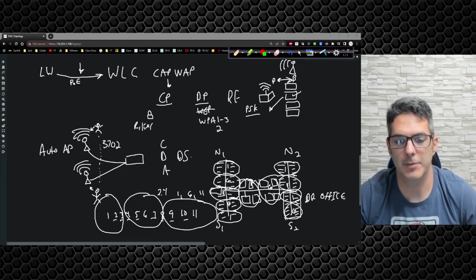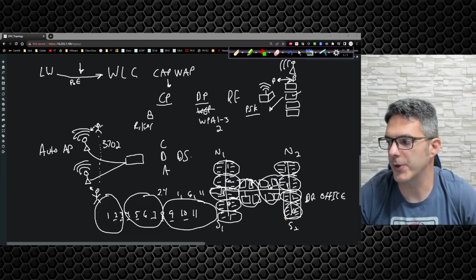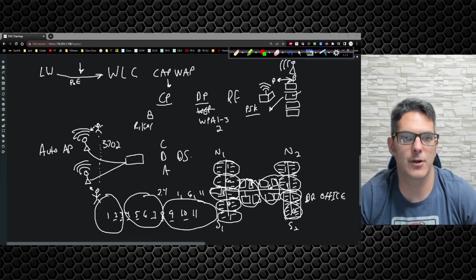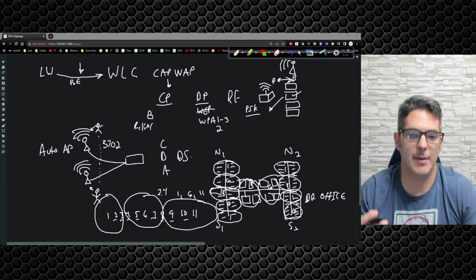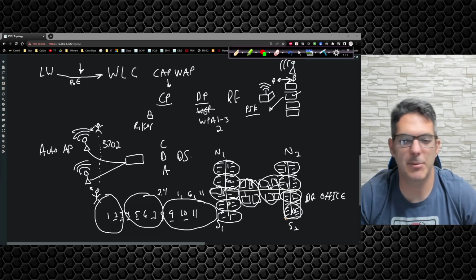Because of that, you can pretty easily lay out your wireless RF channel breakouts so you don't have any overlapping channels. It gets the job done, right? You're able to deploy your wireless network semi-efficiently.